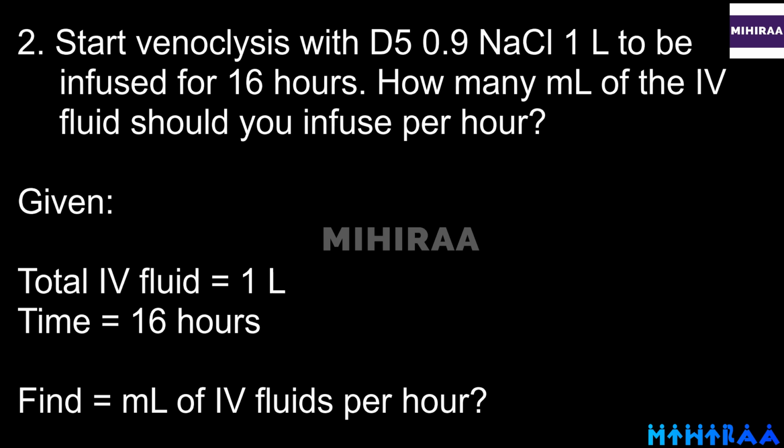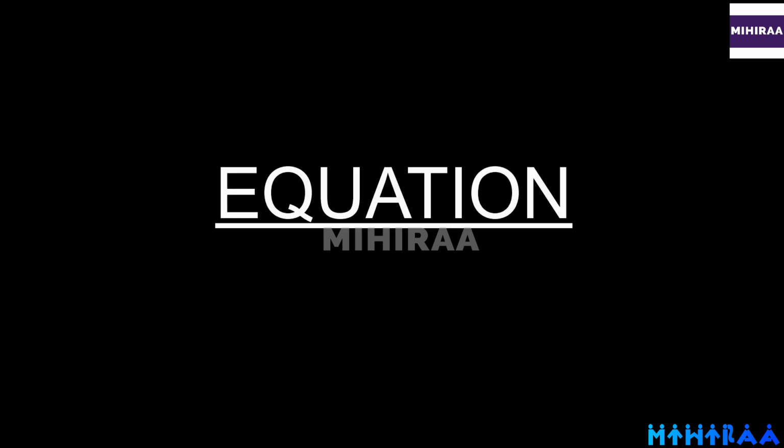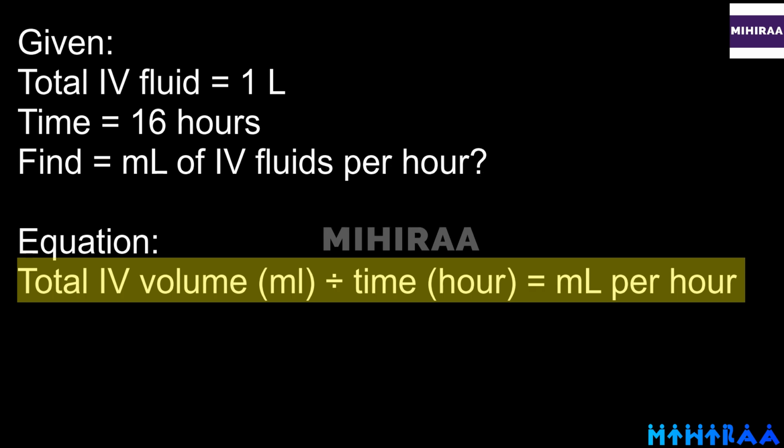Given, total IV fluid equals 1 liter. Time equals 16 hours. Find milliliters of IV fluids per hour. Now, let's write the equation: total IV volume divided by time equals milliliters per hour.